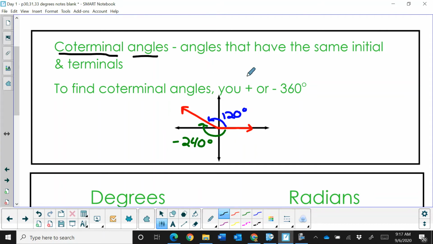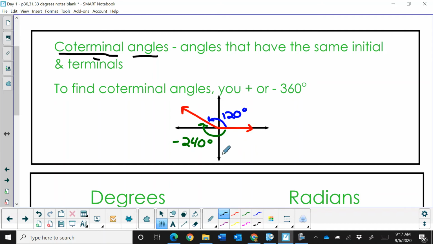They're angles that have the same initial position and same terminal position or sides. So they start and end in the same place, but they have different names. To find coterminal angles, you will add or subtract 360 degrees because it's just one circle around.